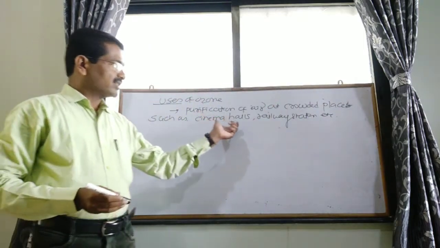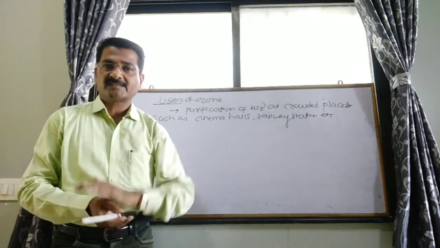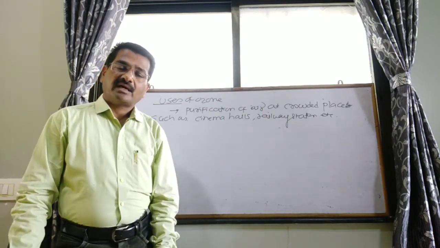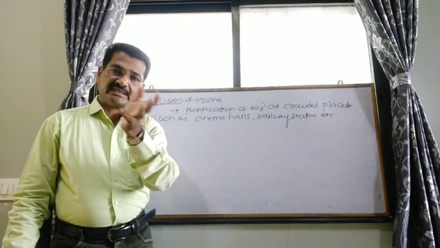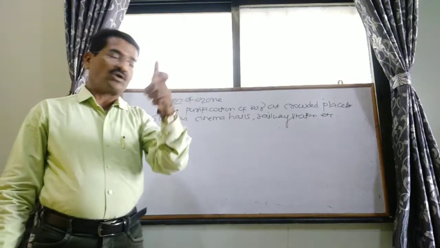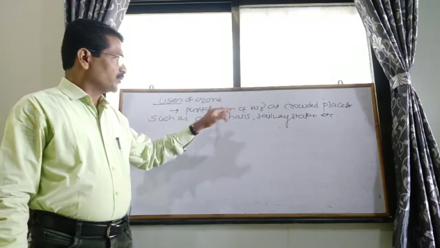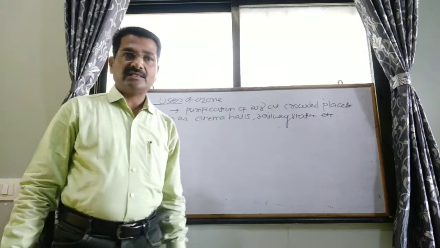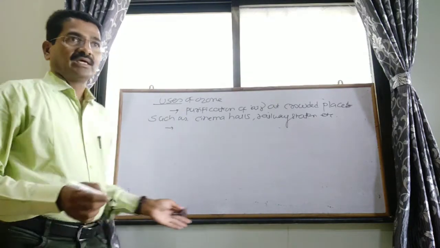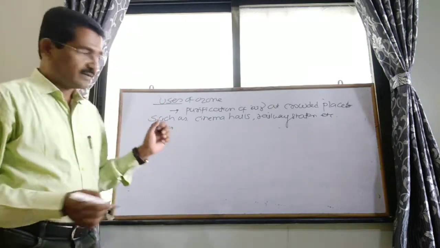Generally, in cinema halls, railway stations, and malls, the crowd of people is high. At those times, the oxygen quantity is less. Then ozone is used for purification of air. This is the first use.